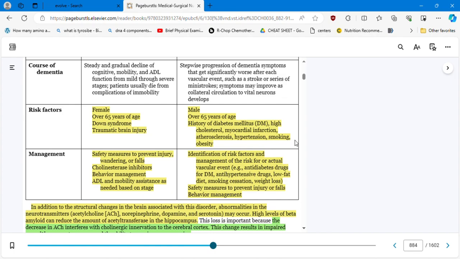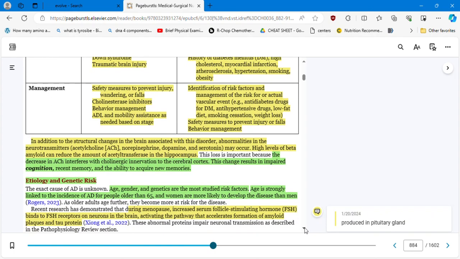Okay, so those risk factors are giving us the hint for prevention, even though it's not confirmed by science, but at least we can do our part. And the management basically is right now focused on medications, but we can add the nutritional part, the exercise, and the stress management.